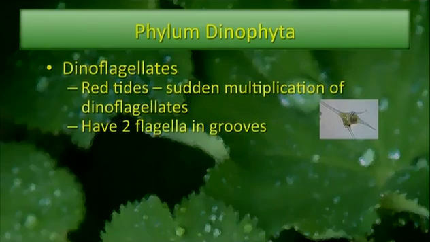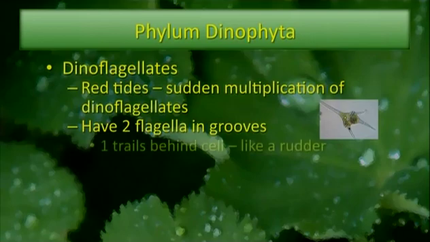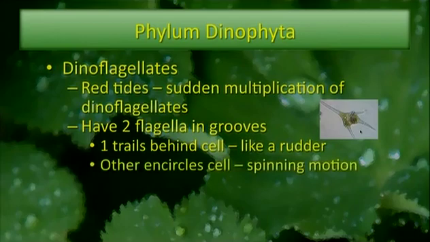This one looks like a tiny little spaceship. One flagellum trails behind like a rudder, directing the way the dinoflagellate will go, and dinoflagellates are unicellular, by the way. The other one encircles the cell in a spinning motion, like a little snake spinning around in the center.